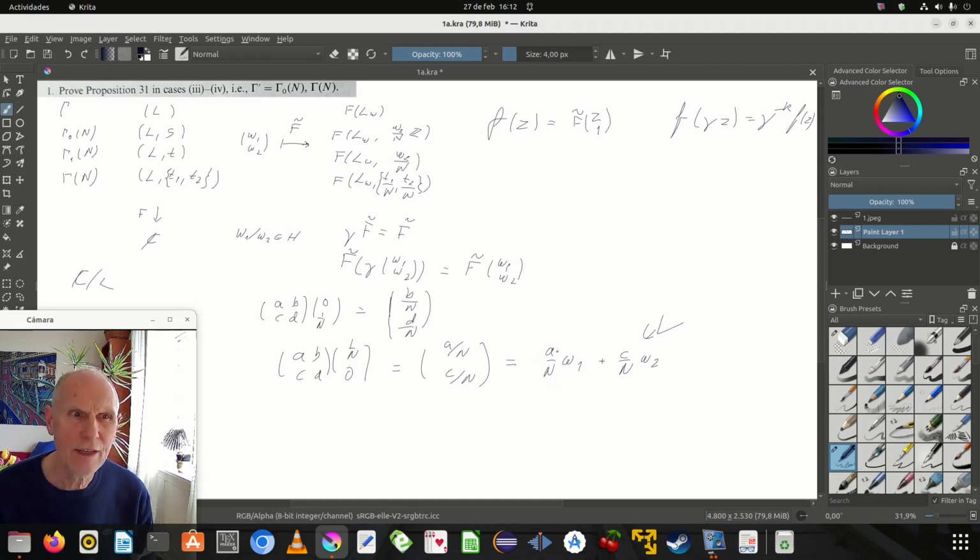And A is a member of the multiplicative group here, because the matrix lies in gamma. And that means, yeah, what does that mean?